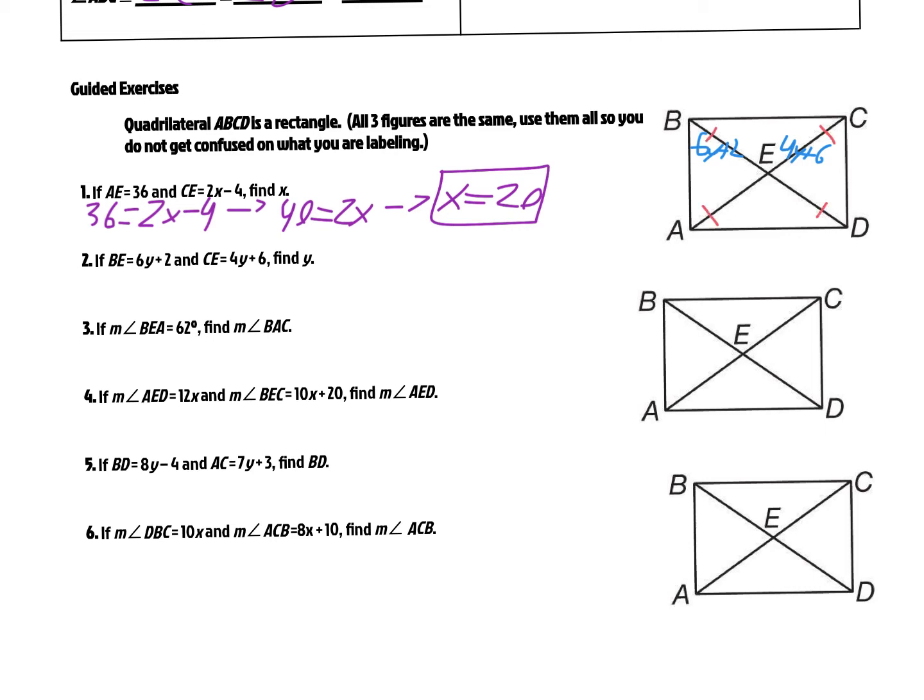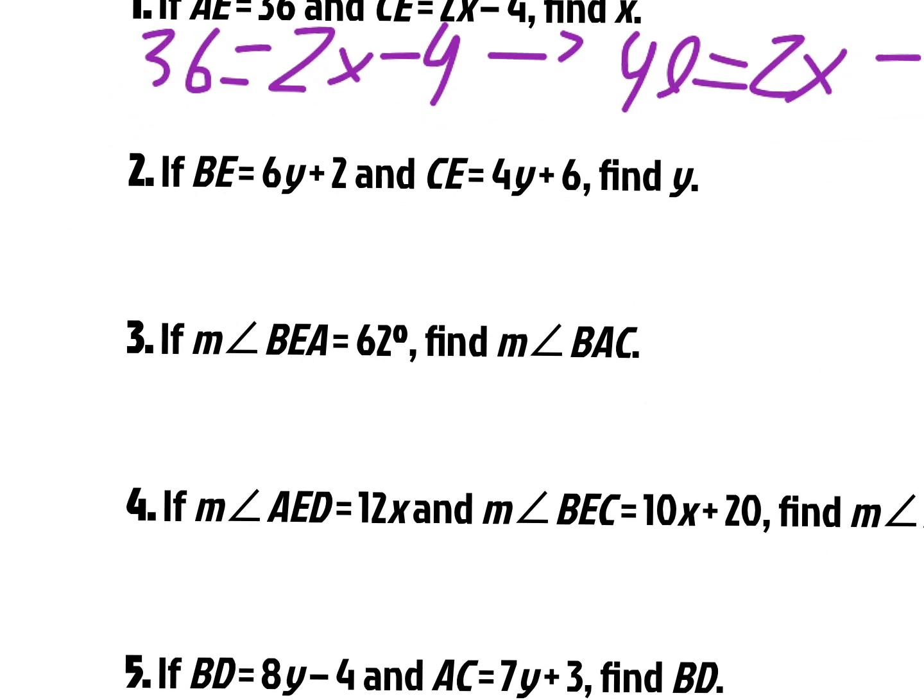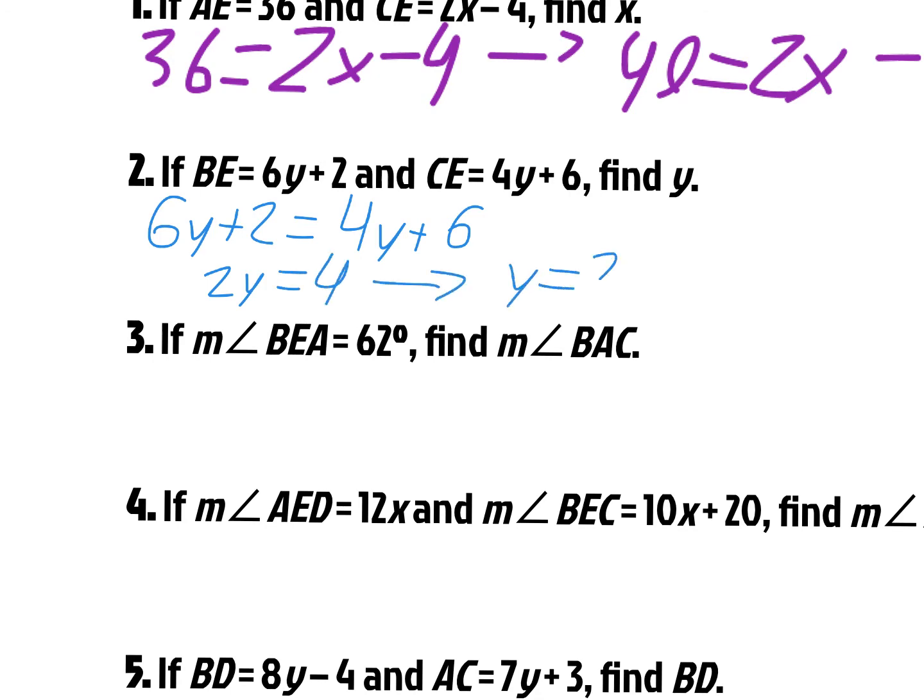We can therefore set up the equation of 6y plus 2 is equal to 4y plus 6. Combine our like terms, 2y is equal to 4, or y equals 2.